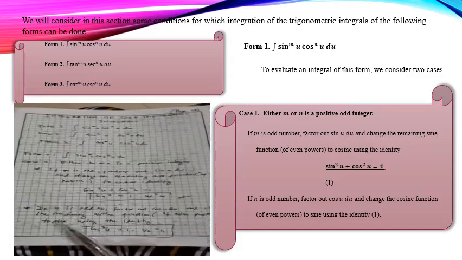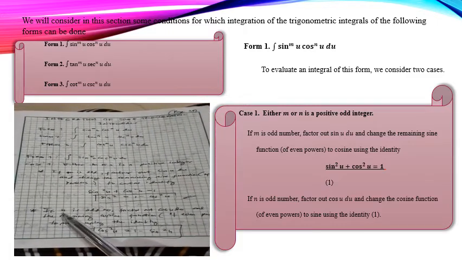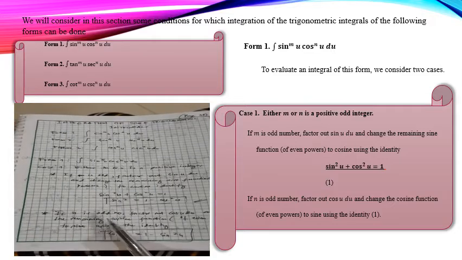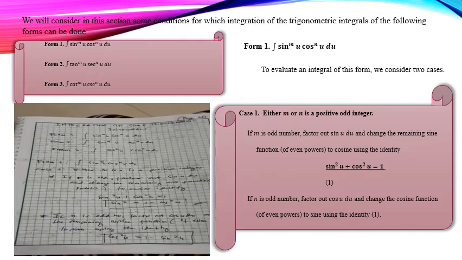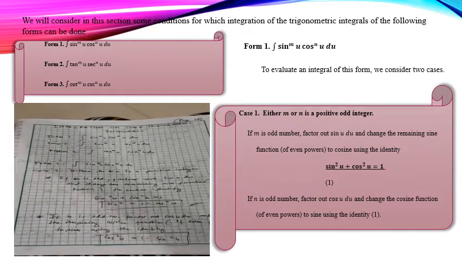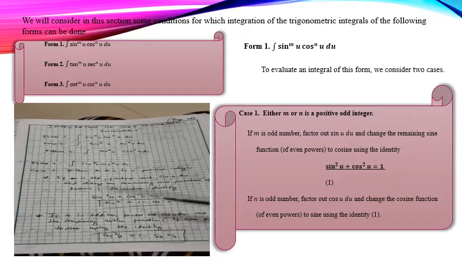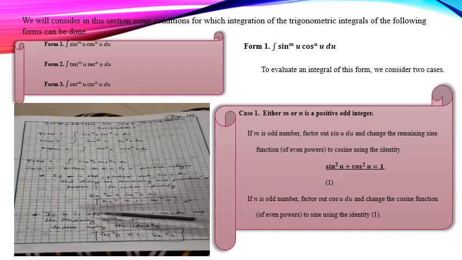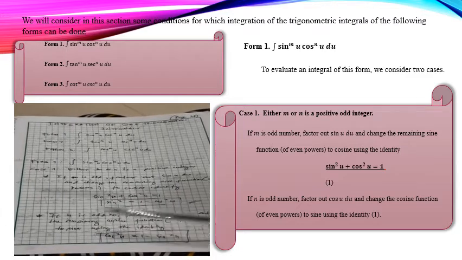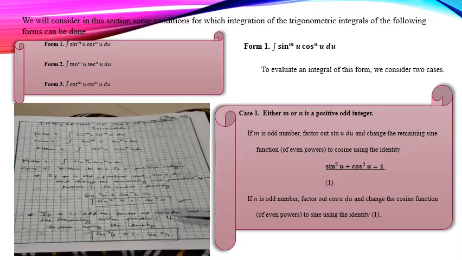Okay, sa case 2 naman, if n is odd, ibig sabihin yung exponent ni cosine naging odd na siya. Kasi di ba ang sabi sa case 1, either sa dalawa, either kay m or n is a positive integer. Okay. And then, sa condition 2 naman ng case 1 is, pag naging n odd, pa-factor out tayo doon sa cosine.